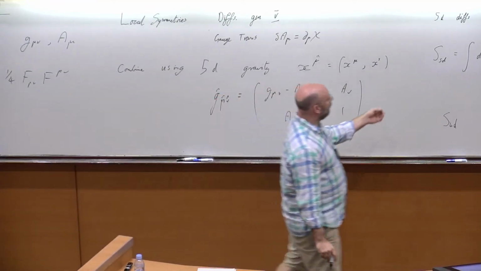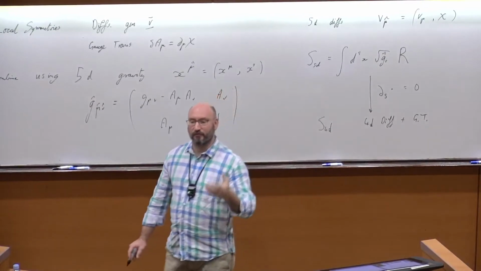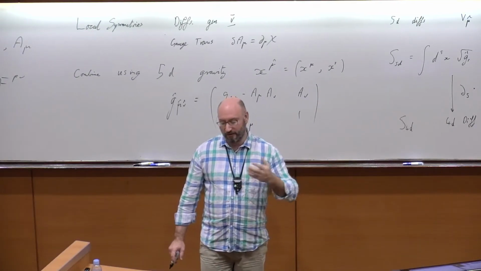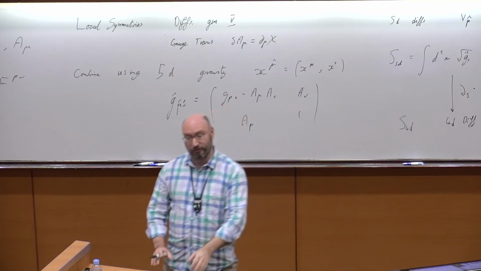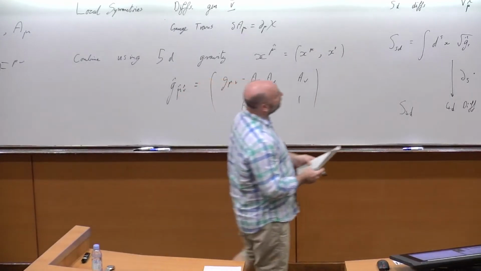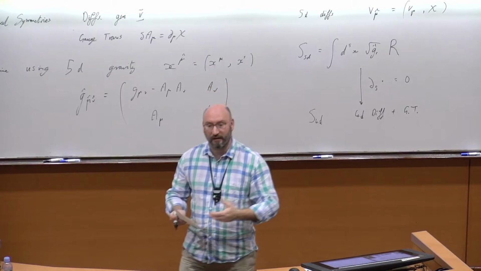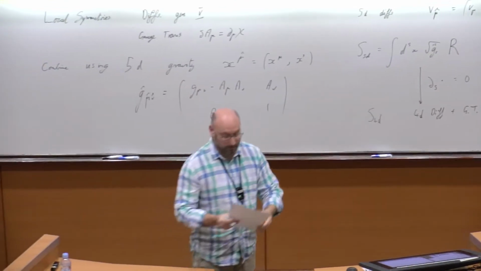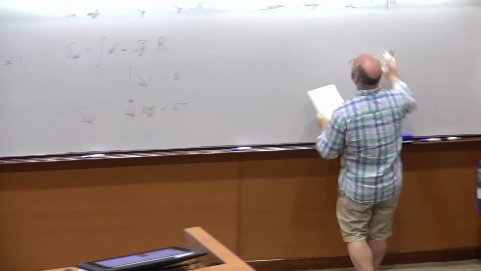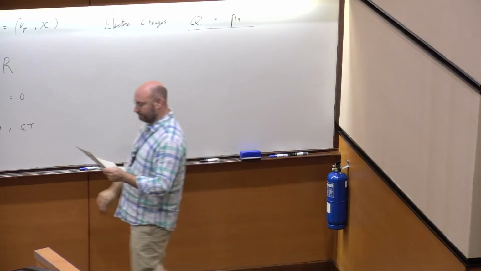One, you can put a probe particle in this background and then look at the geodesics and then see that if it has momentum in P5, then it will behave as if it's got electric charge. Or you can make a genuine 5-dimensional solution that has ADM momentum in the fifth direction and then see that that will also give you electric charge. Okay, so we discovered then the electric charges are given by this momentum.